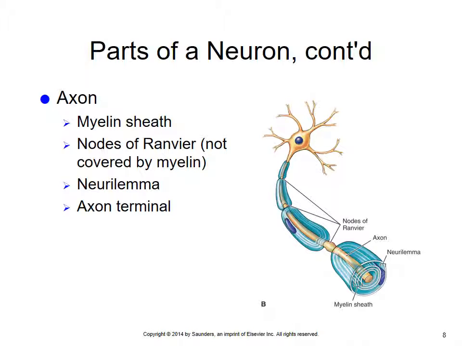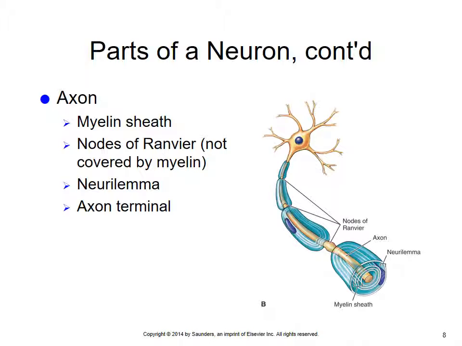They are considered unmyelinated. There's also a structure that separates myelin called neurolemma, and this is often found in the peripheral nervous system, but also in some unmyelinated areas of the CNS. And then you see the axon terminal.